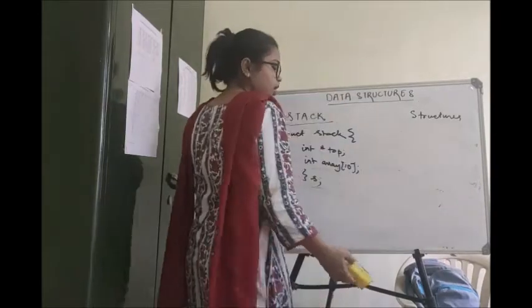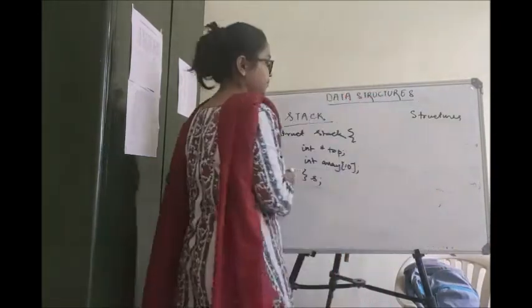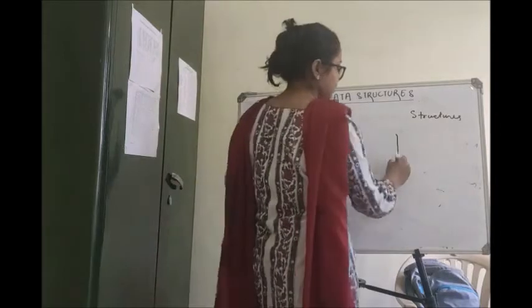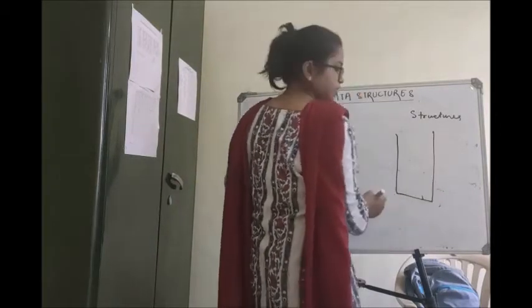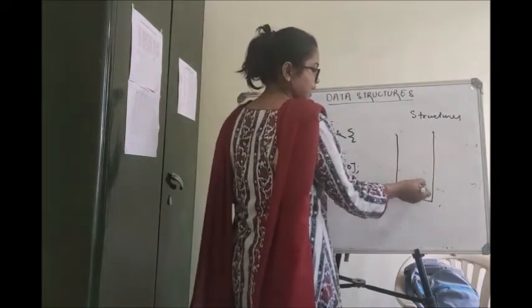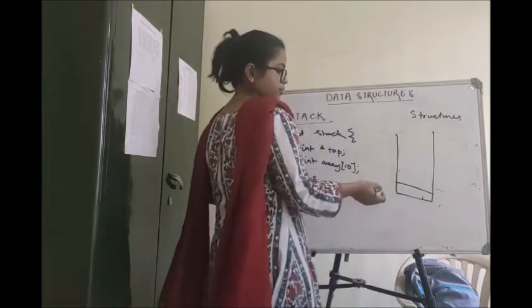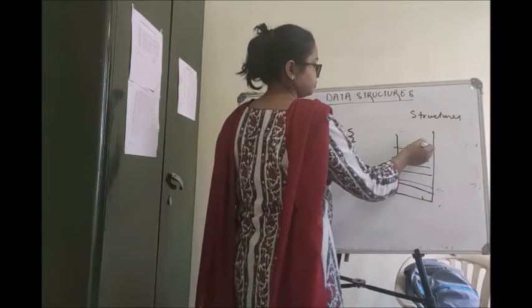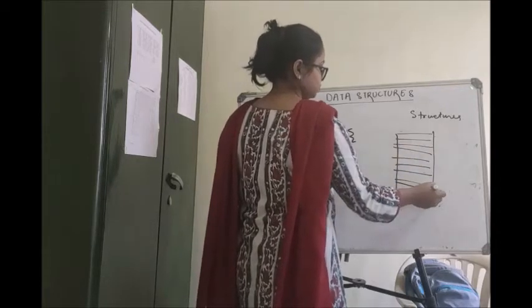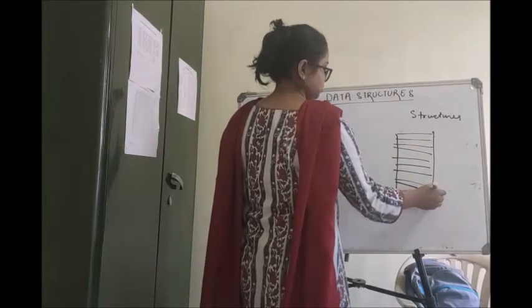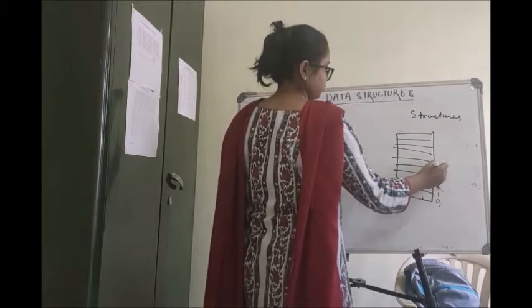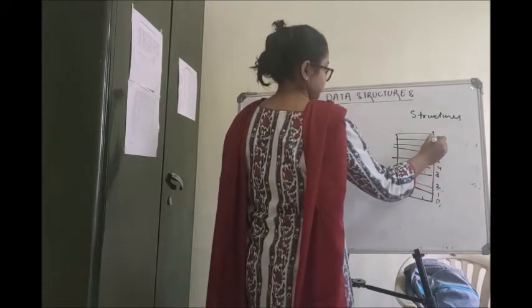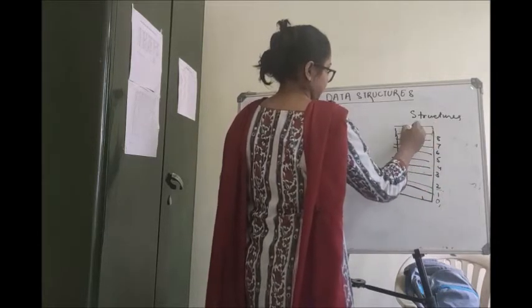So now let's see with an example. This example only we will take. How will this be stored in the memory? We can think of it as stack memory. In stack memory we have 10 elements. So basically this is 0, 1, 2, 3, 4, 5, 6, 7, 8 and 9.